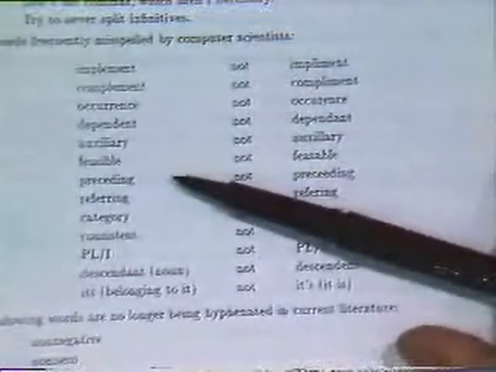Now I got a list here in Rule 21. This is based on many years of experience grading term papers, and I added to this list. But these are things that I have seen misspelled at least 20 times on term papers, and so they're real ones to learn to use properly. So please read them.